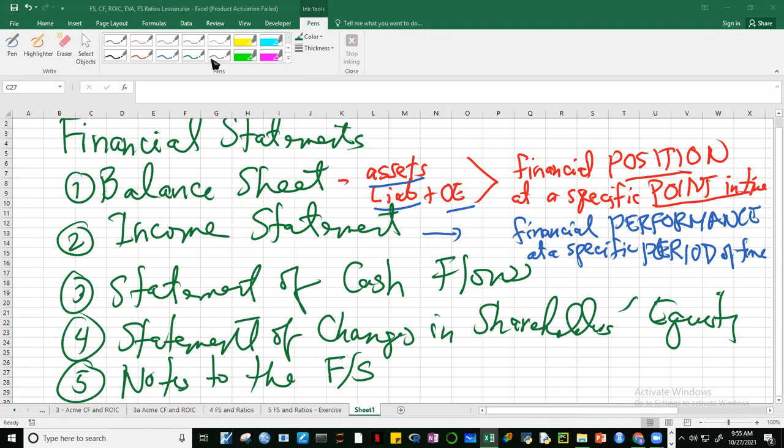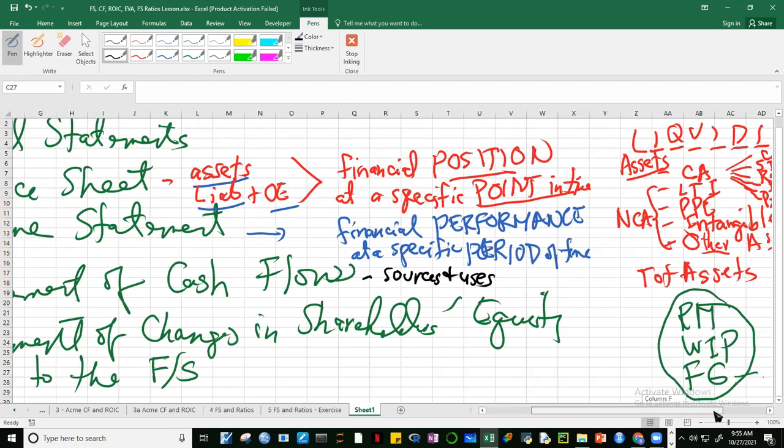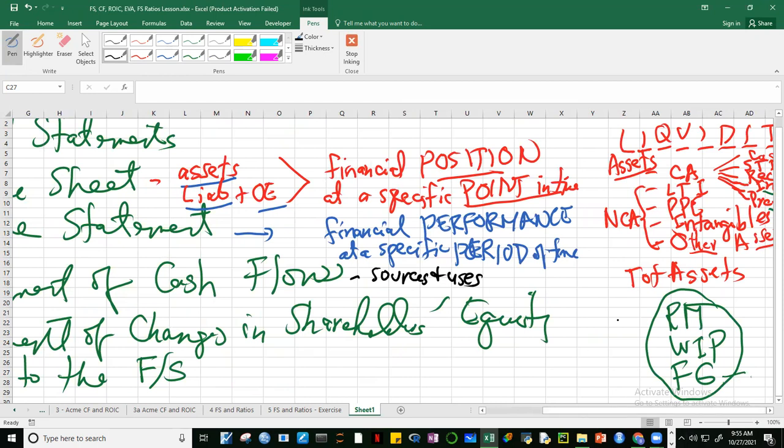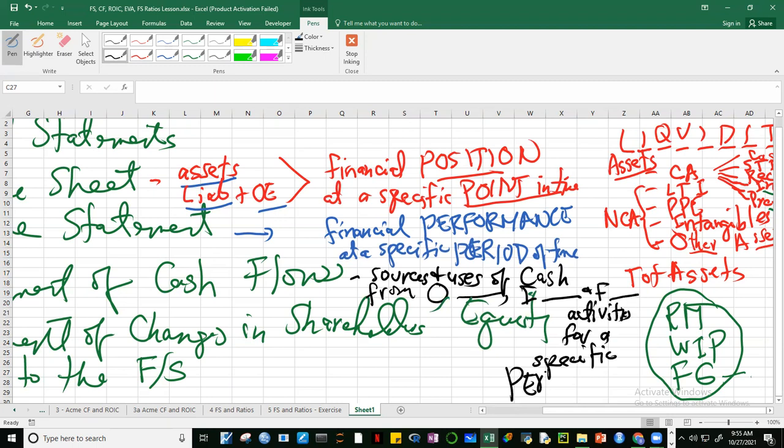So the statement of cash flows tells us about the sources and the uses, where the cash came from and where it was used, of cash from these activities for a specific period of time.